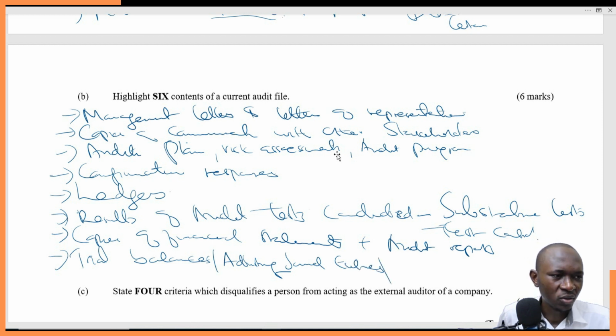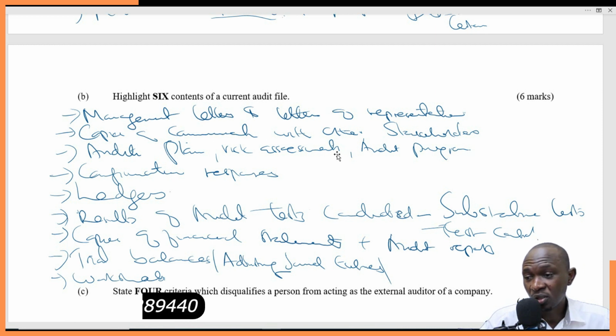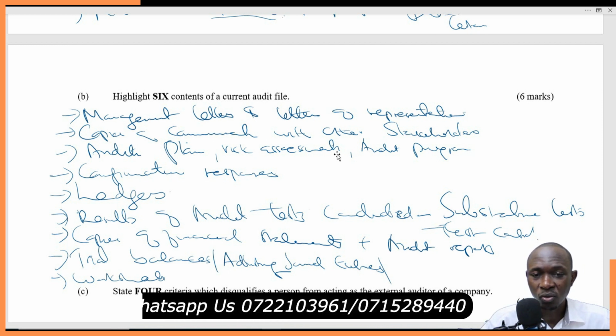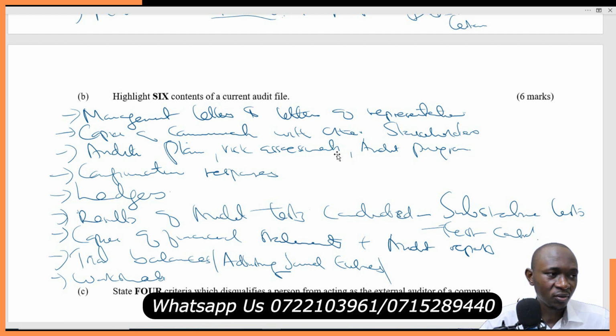And we also have the worksheets, or the working papers, that will help the auditor to arrive at a conclusion; that will also be contained in the current audit file. Conclusions obtained on important audit issues will also be contained there.